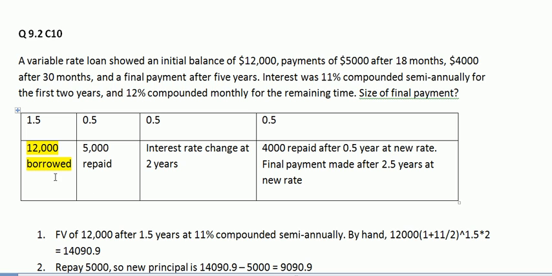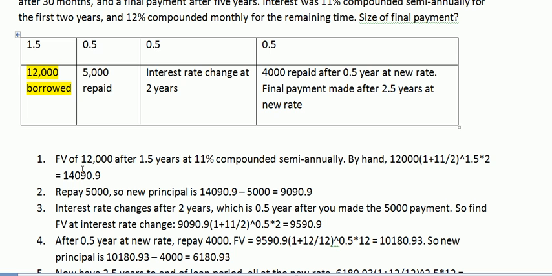So what we need to do is, first of all, to find the future value of that $12,000 after 1.5 years, and then subtract the $5,000 from it. So here, the first move is the future value of $12,000 after 1.5 years at 11% compounded semi-annually. I've written out the formula here, but you could also do this in the BA II Plus calculator.